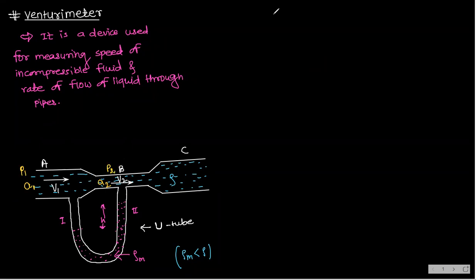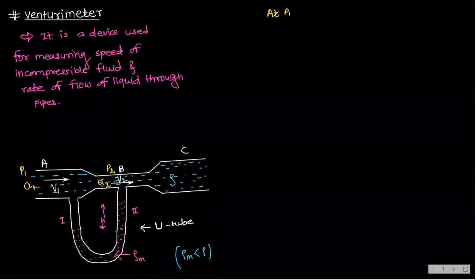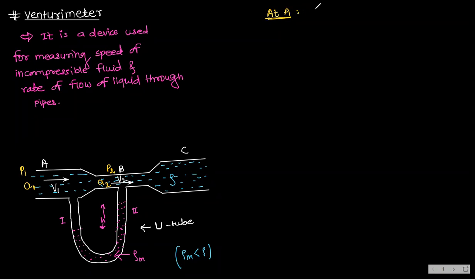So at A, pressure P1, velocity V1 and area of cross section A1. And at B, what we have? Pressure P2, velocity V2 and area of cross section A2.